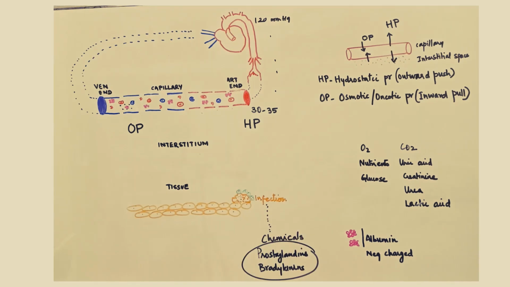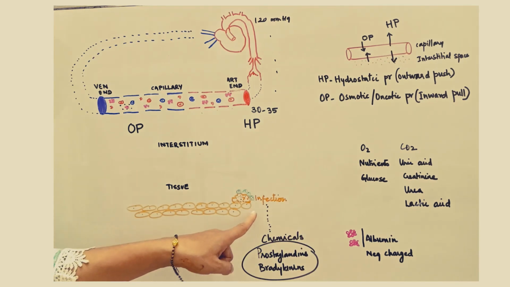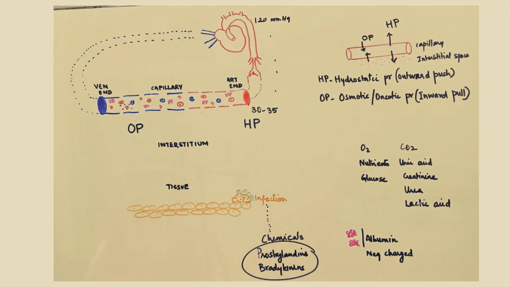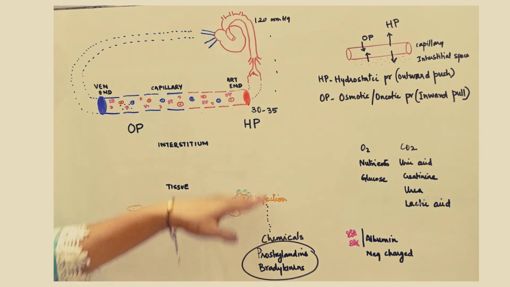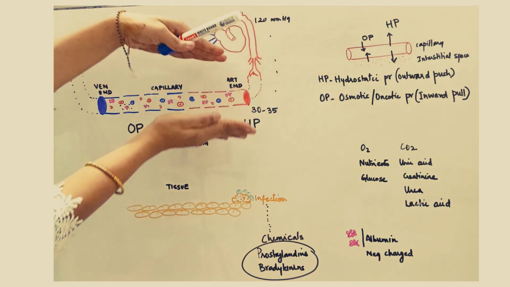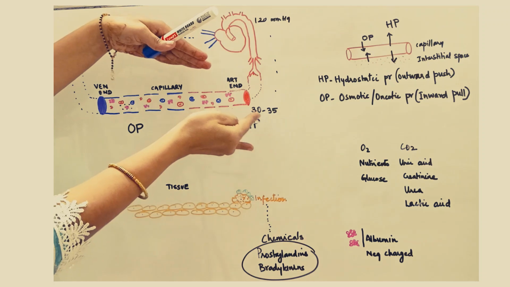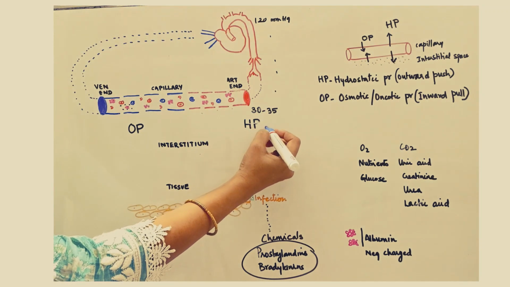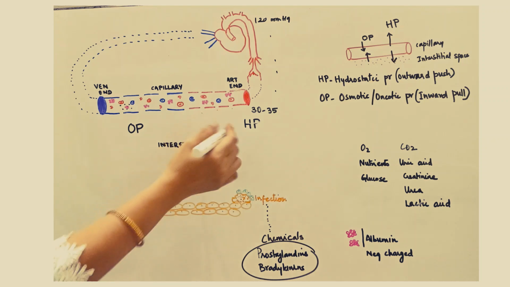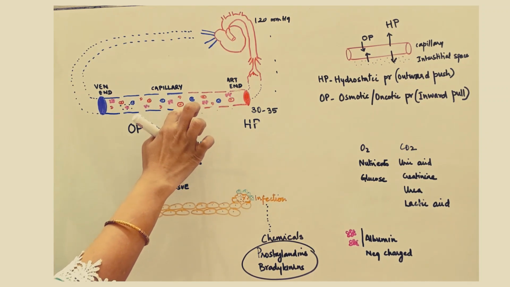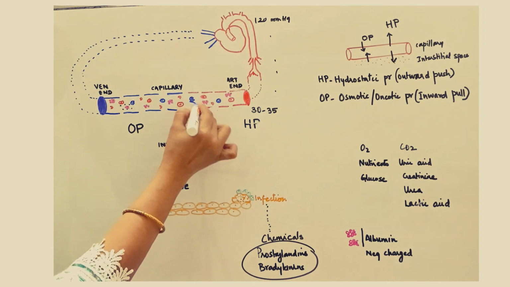Now let's assume there is an infection or inflammation in the tissue. What happens? There is release of chemicals like prostaglandins and bradykinins, and these vasodilate the vessels. There is more incoming blood and hence the hydrostatic pressure increases. Also, these chemicals widen the intercellular clefts to help release WBCs to the tissues to help fight infection.